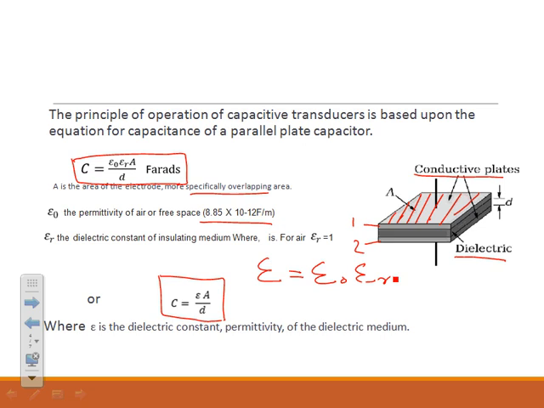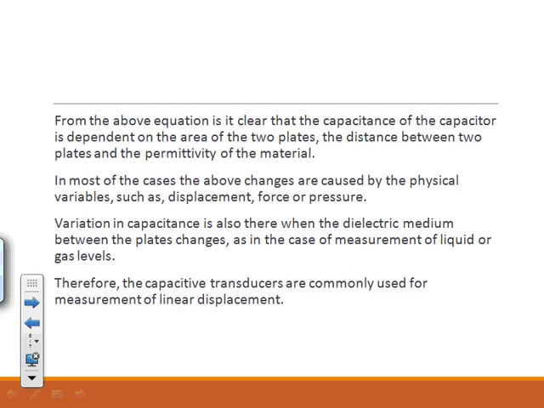We can see the capacitance of the capacitor can be changed by three methods: by varying the dielectric constant, by varying the area, or by varying the distance. This is the basic principle behind the capacitive transducer.